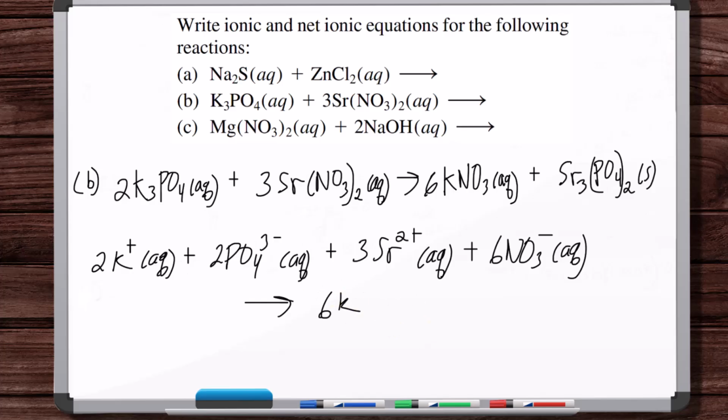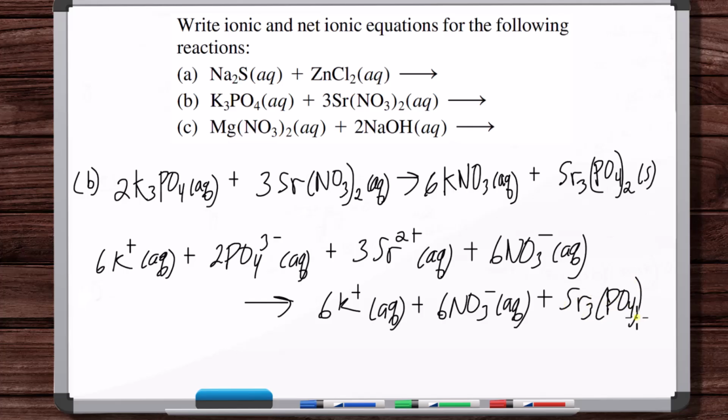Or no, this was 6 here. And then 2, yeah, now 6K+ aqueous plus 6 NO3- aqueous, and then Sr3(PO4)2 solid. There's the ionic equation.